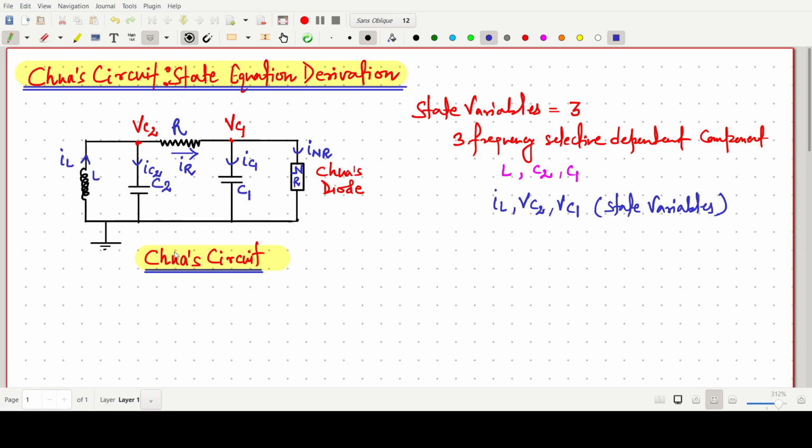Now we have to write the state equation.